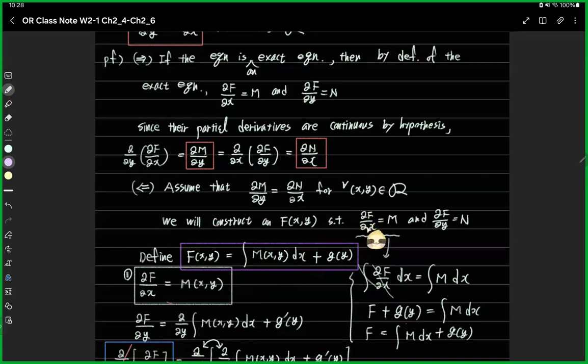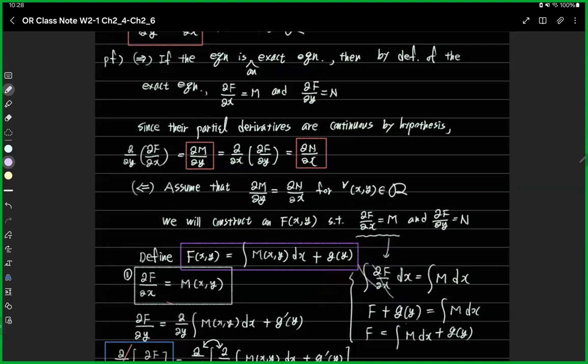We get a constant of integration, but that constant must be a function of y, because when you take the derivative with respect to x, g of y becomes 0, since this is a function of y alone. That's why we get not just a constant c, but a function of y.